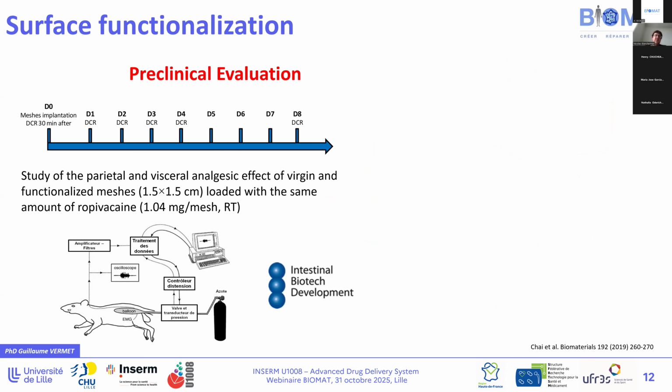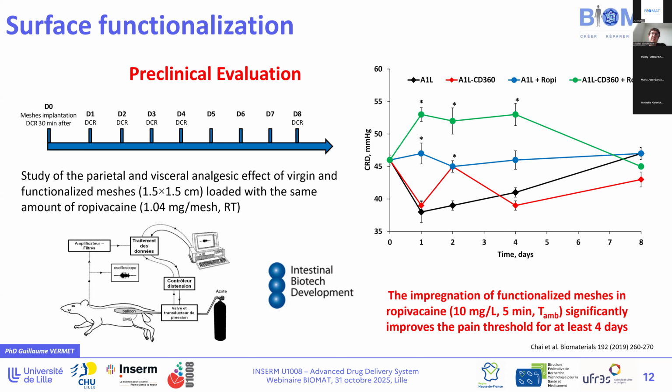We develop animal models because we have to prove biocompatibility, but also efficacy of the meshes impregnated with ropivacaine. For that, we have a rat model. This is a model of colorectal distension. Briefly, we implant the meshes on the abdominal part of the rat, and each day some rats are tested and we measure the pain threshold.